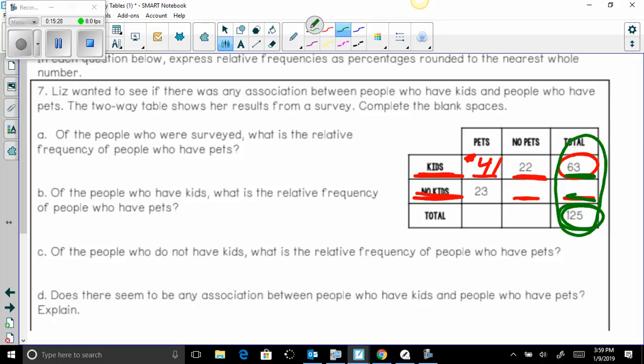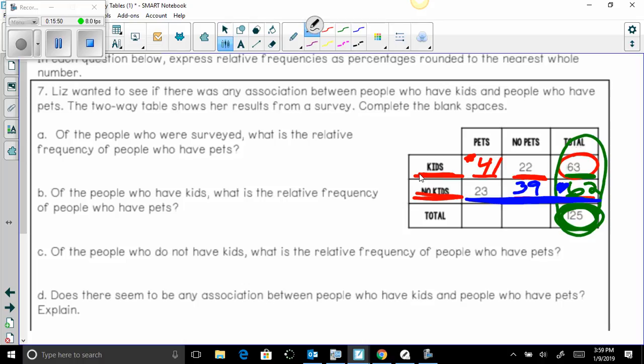These two things here should give me 125. So if I subtract 125 minus 63, that gives me 62. Does that then help me here? It certainly does. If there are 62 total people who had no kids, how many of them had no pets? And if you do your math there, that would be 39.